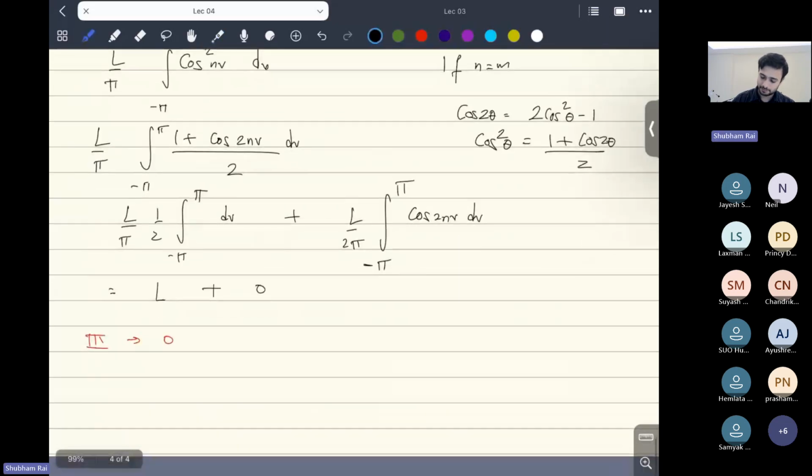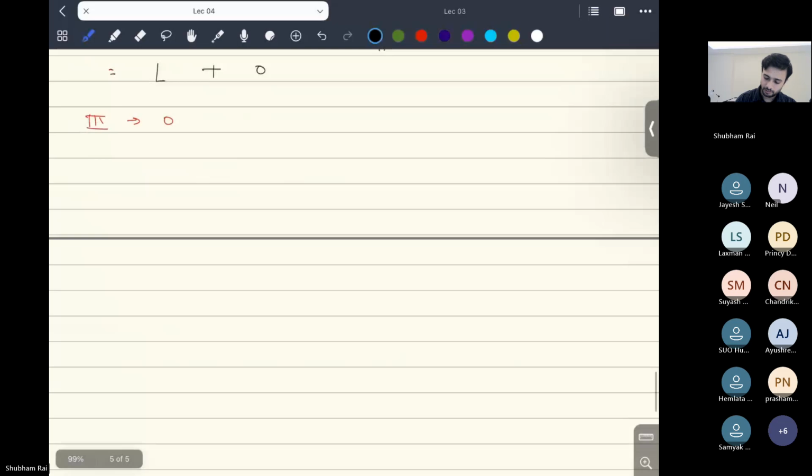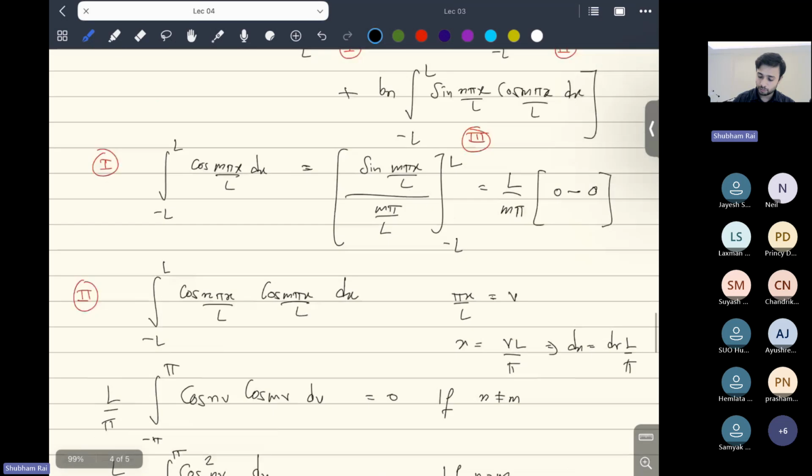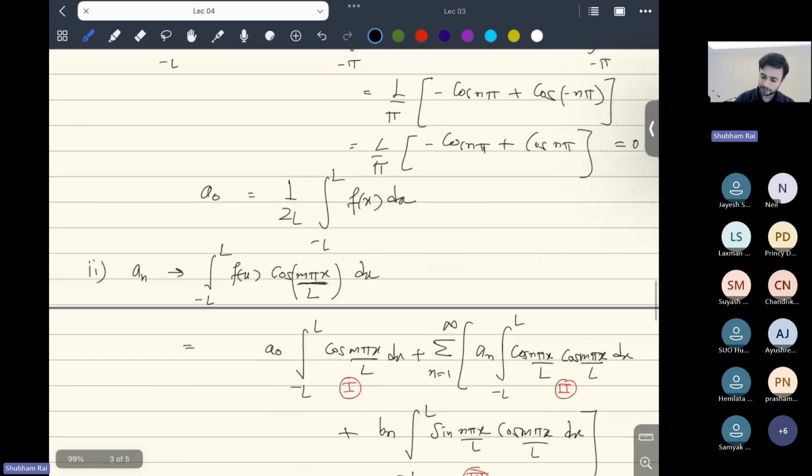So finally, what we have got is this whole thing will be equal to an into L, right? So let me just write here. Integral from minus L to L of f of x cosine of, although I multiplied with cosine of m pi x by L, now I'm writing n pi x by L because m is equal to n.